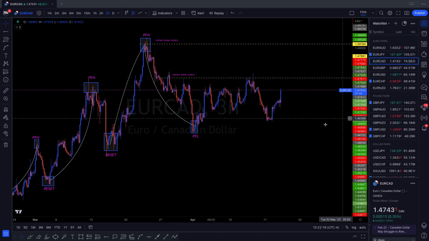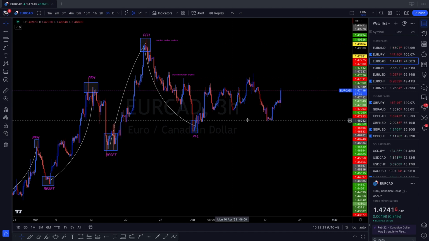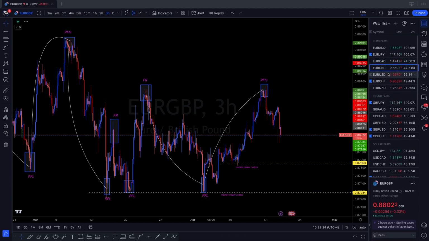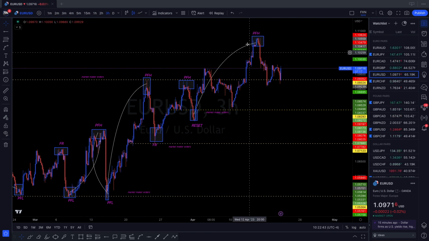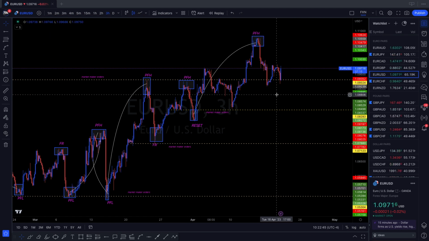So when you go through the list, you basically want to pick out pairs that are creating brand new cycles. For example, Euro Pound created a new peak formation high. This is a pair that I want to be looking for trade setups that give me sell options. Euro USD, same thing, coming off a peak formation high. So I'm looking for sell options on this pair because a new peak formation has been created.